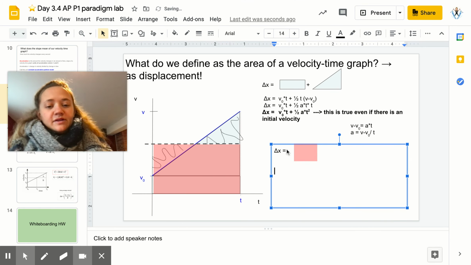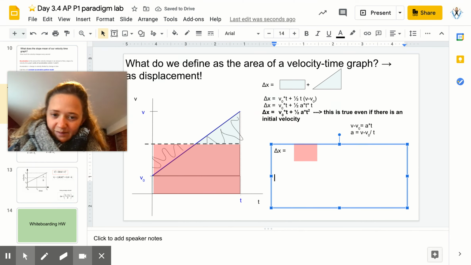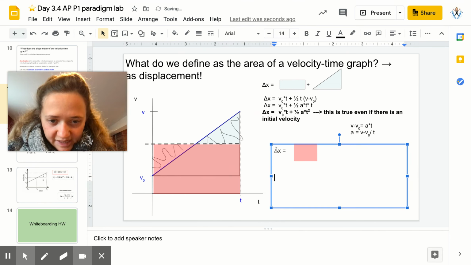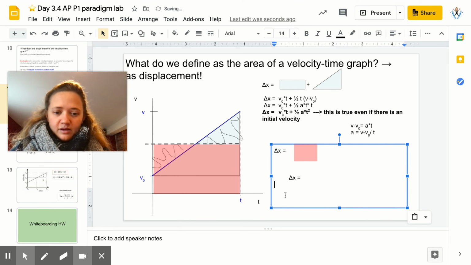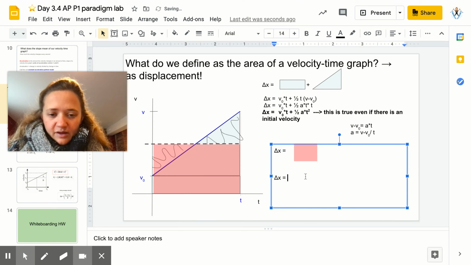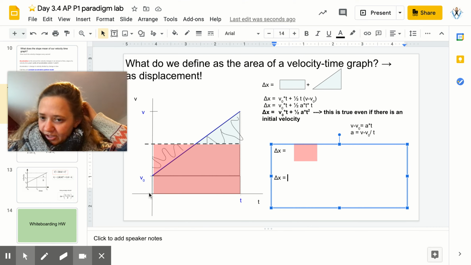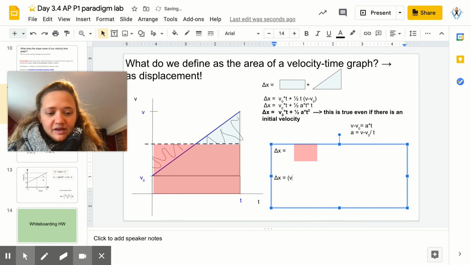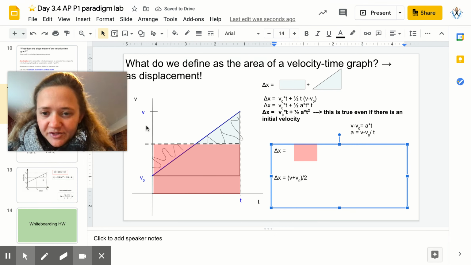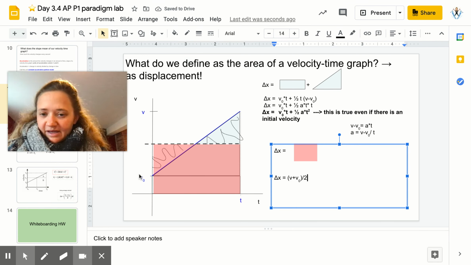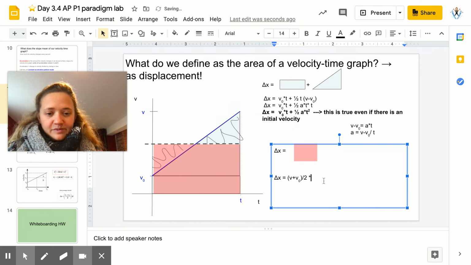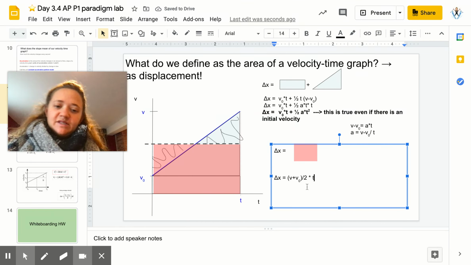So base times height, so delta x is equal to, well, this value here is the middle value between our initial and final velocity. So we could write that as v plus v0 divided by 2. That's our average value. All I've done is calculate the middle times our base, which would be time.